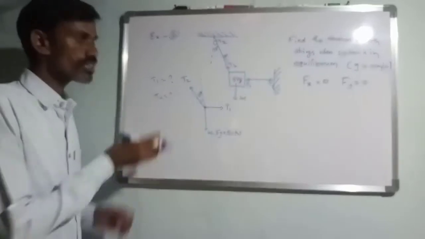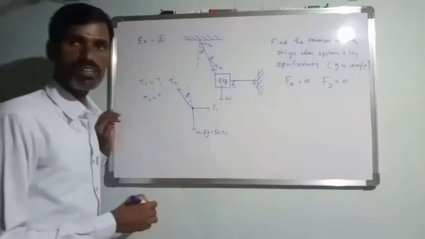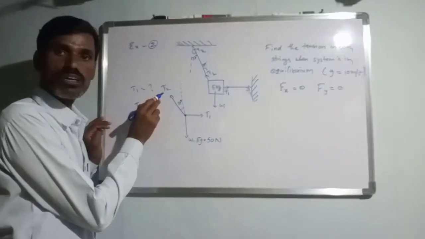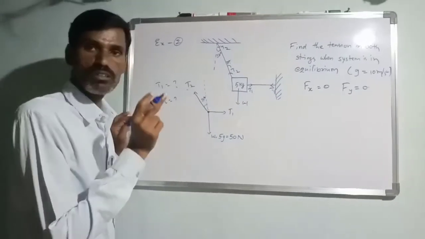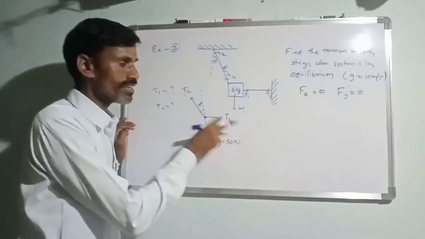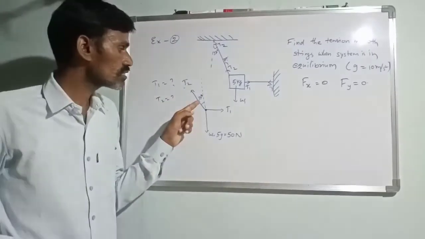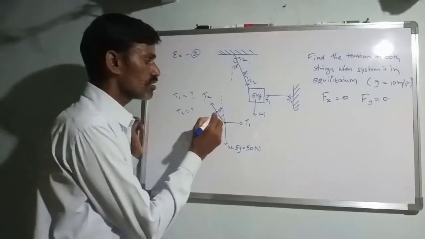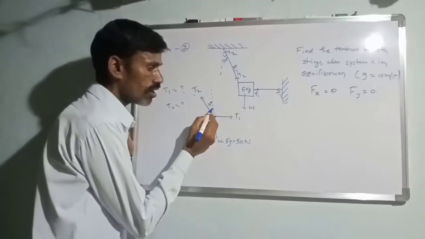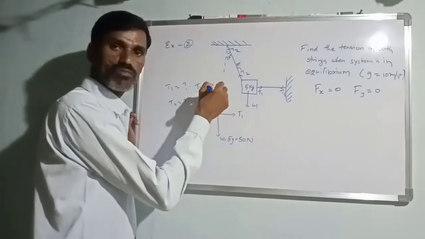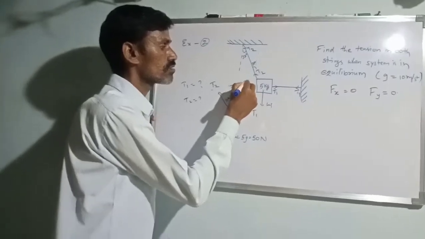The forces along y direction also 0. Okay. Now we take the forces in x direction. So in x direction there are two forces active, T1 and the x component of this T2. Okay. If this is 37 degrees, so along the vertical, the vector component is T2 cos 37 degrees.